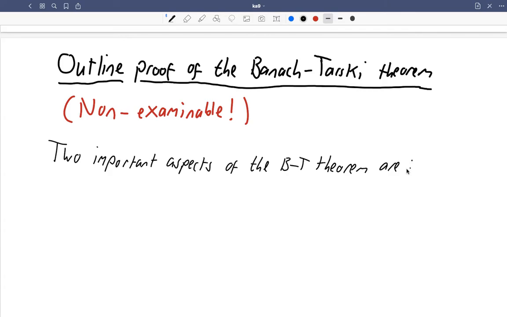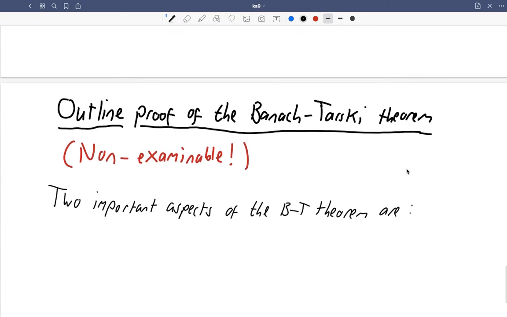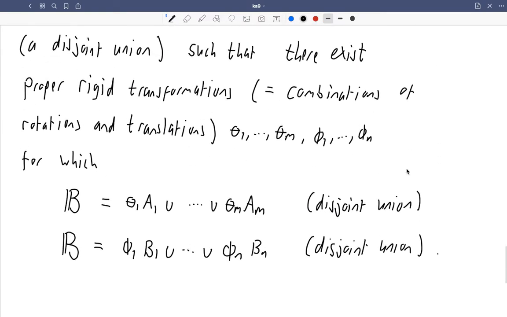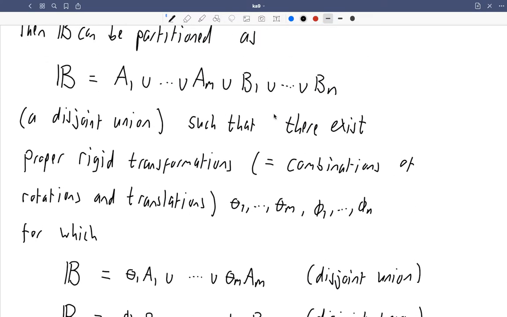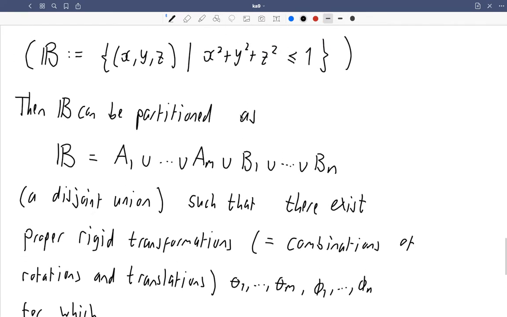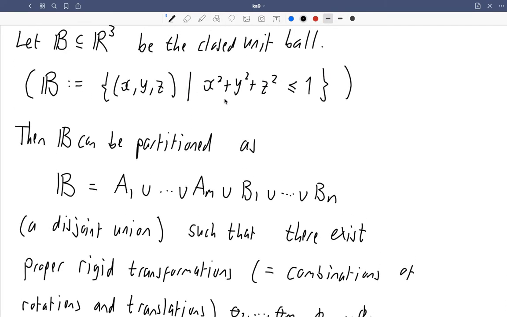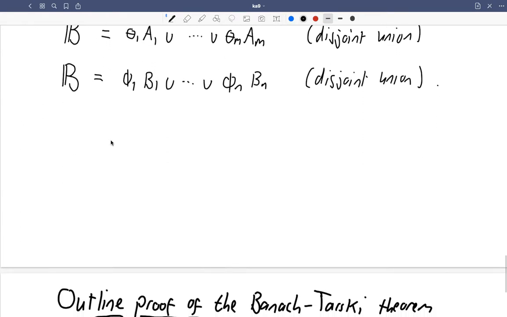So 2 important aspects of the Banach-Tarski theorem: we're looking at a subset of 3-dimensional space, namely B, which is the closed unit ball, and we're partitioning that into a finite number of pieces. So we're looking at a finite partition of a subset of 3-dimensional space.